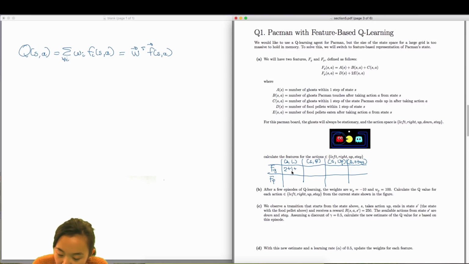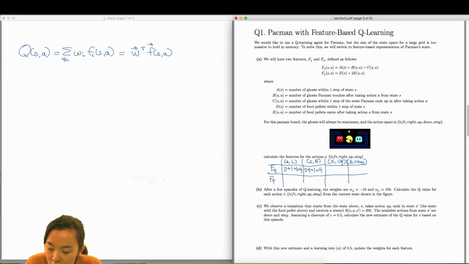So we're going to count the red ghosts, which is going to be on top of Pac-Man, so ultimately we have 4. And then for right, we have 2 again for the number of adjacent ghosts, and then 1 for the number of ghosts we encounter, and then 1 for the number of ghosts that are adjacent to us in the state that we end up in, which is here. So that's 4 again.